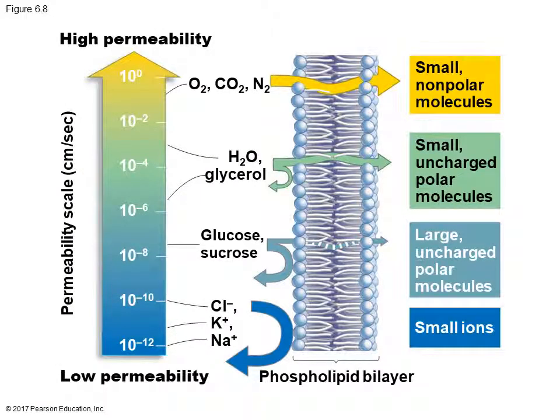I love this diagram. I love it. And you know I'll be asking you test questions based on this diagram, figure 6.8. What it shows is that small nonpolar molecules can readily cross a phospholipid membrane. But the minute that there's a charge, even though they're small, they're going to have a more difficult time crossing the membrane.